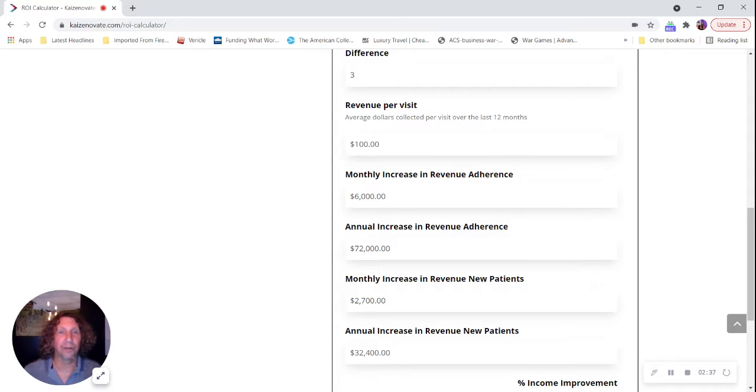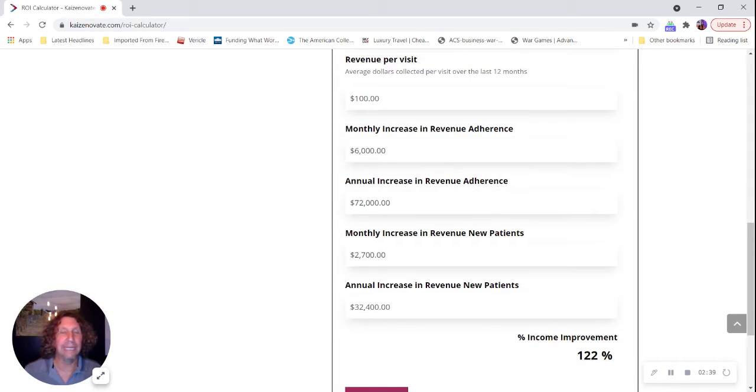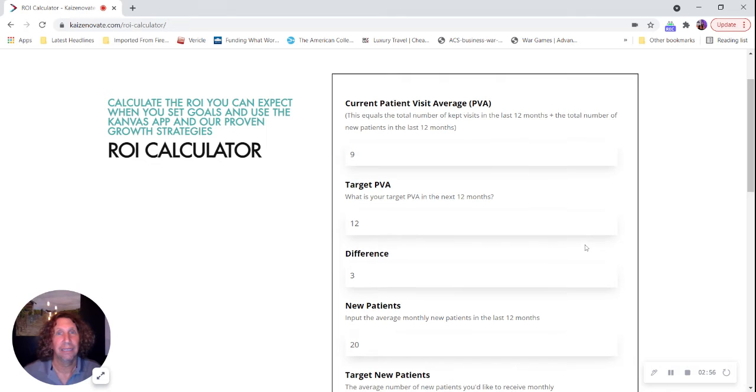If we increase our new patients by 3, we get an increase of $2,700 more per month, which is an annual increase of $32,400 based on $100 of revenue per visit at the current PVA of 9.